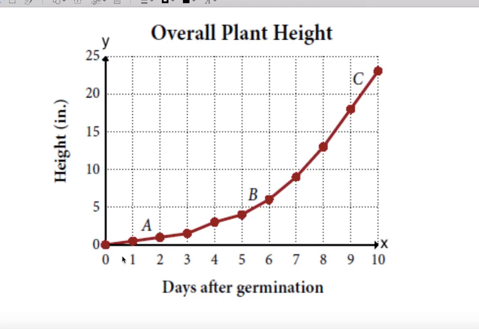You have to start at 0, and if this first jump is worth 1, because I see the number 1 here, then each subsequent box also has to be worth the same amount. These numbers are jumping by a consistent amount. That just means I'm not breaking the scale. However, like you see here, it is okay for the jumps along the x-axis to be different from the jumps along the y-axis.